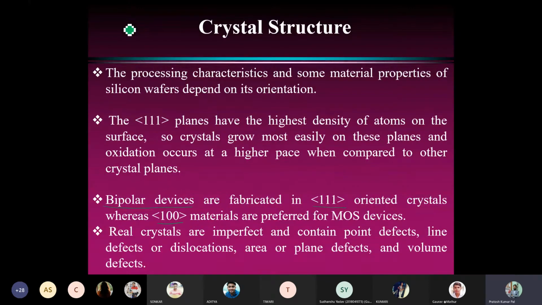Okay, so this orientation, as I explained in the previous class, is like suppose a single atom we have considered. So in case of this, 111 refers to: from the origin we will take one unit in x.